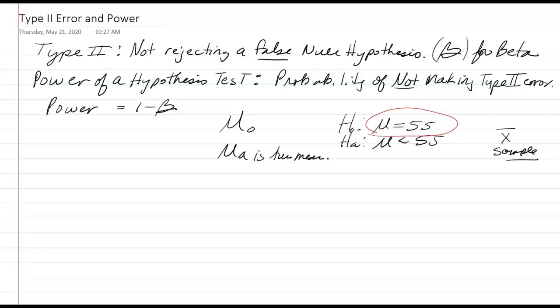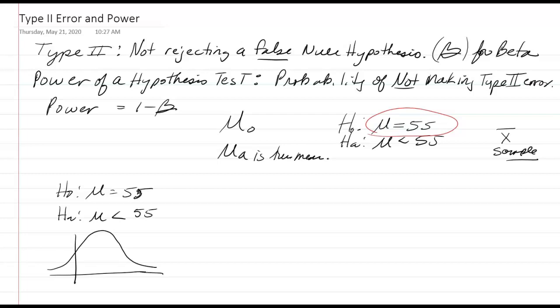So let's think about this. If we believe the mean to be 55, we are going to run a left-tailed test because we think it's less than 55.